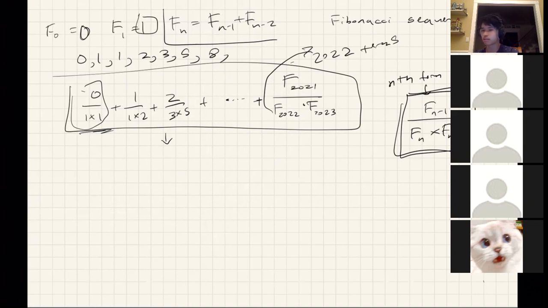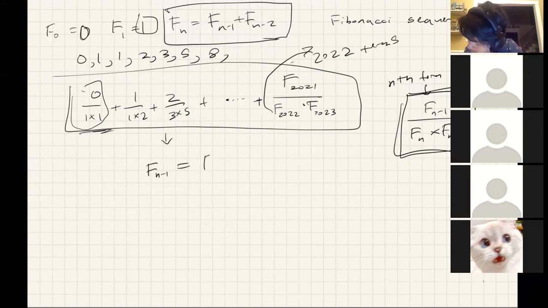The answer to that question is you have to use the recursive formula for the Fibonacci sequence, right? So what you do is you write f of n minus 1 as f of n plus 1 minus f of n, something like this.